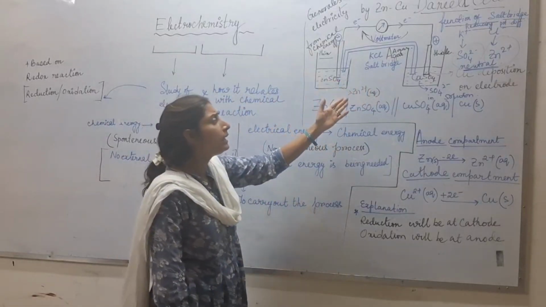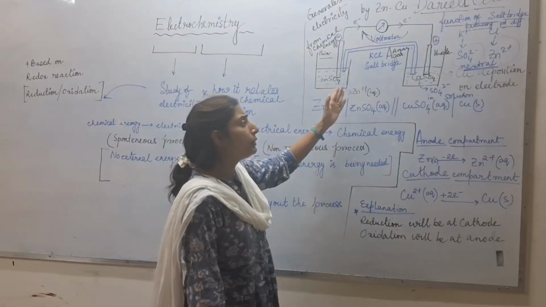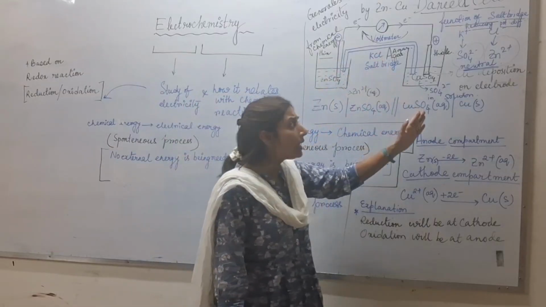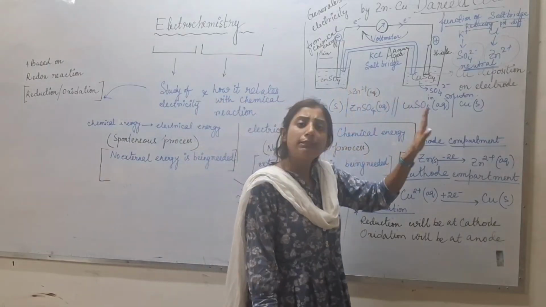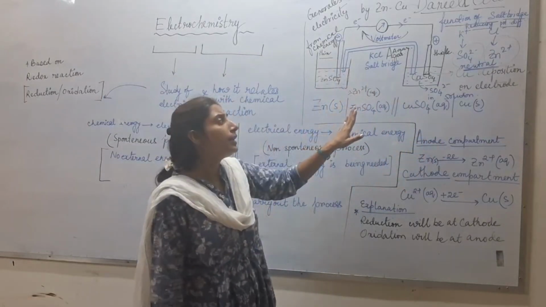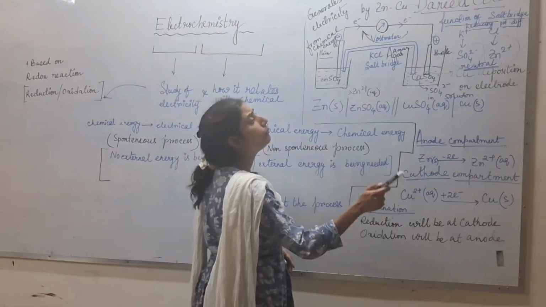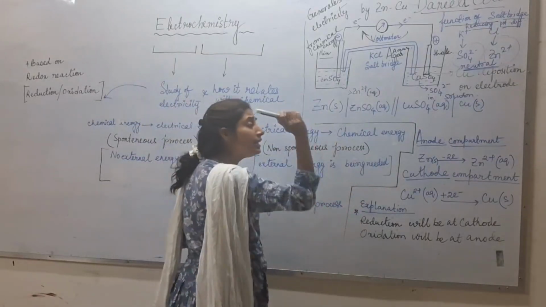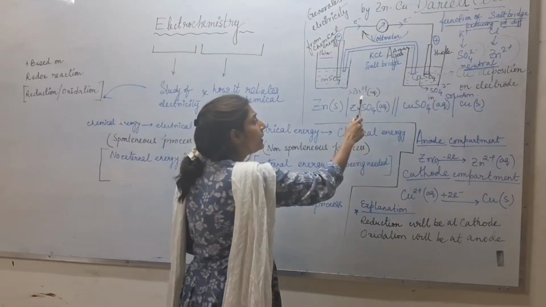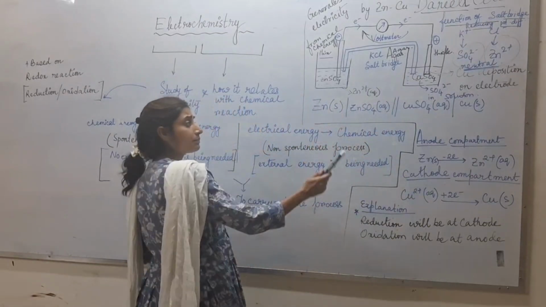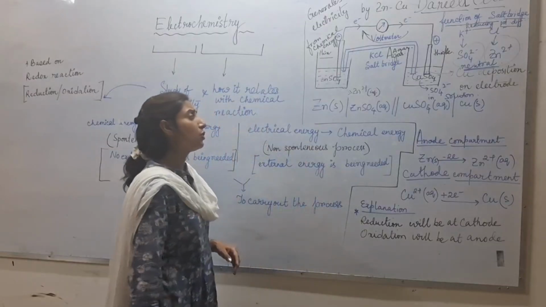By inserting the salt bridge into the medium, we minimize the electrical imbalance in the circuit. How does it work? K+ ions will be neutralized by SO4 2-, and Zn2+ will be neutralized by Cl- ions present in the solution.